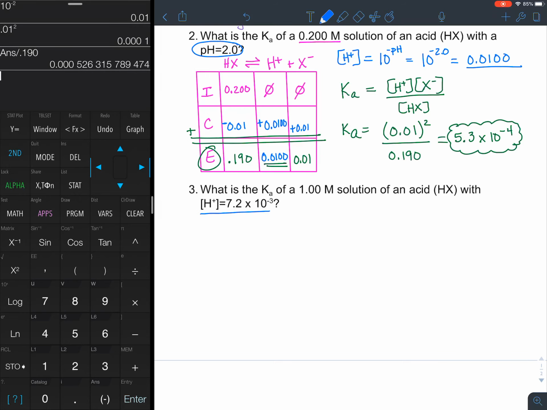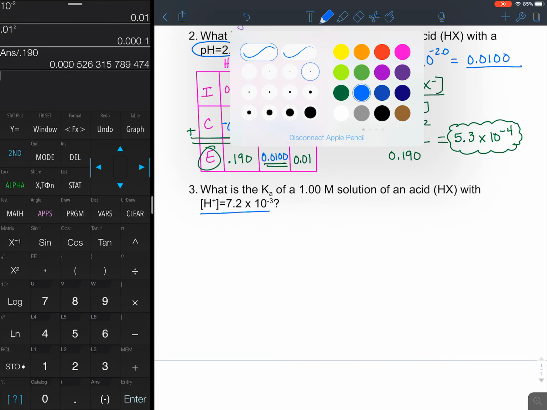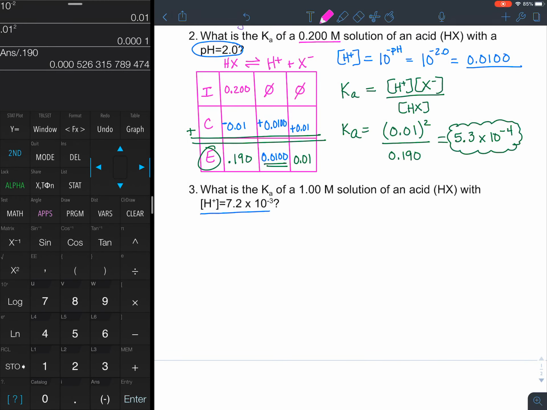So you just kind of have to figure out whether you do or do not have that information. So we're going to solve for the Ka again, and this time we're given a molarity of 1.00 molar for our original acid. And again, you were given the generic acid. If you're given a specific one, you can use this generic equation to do that as well.